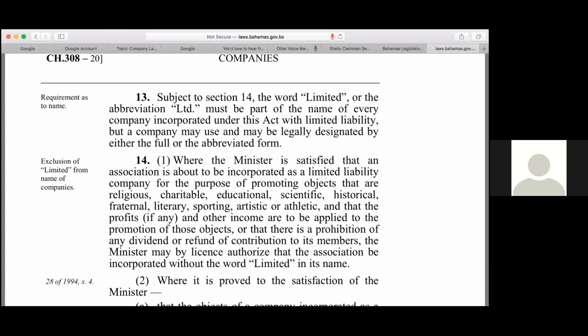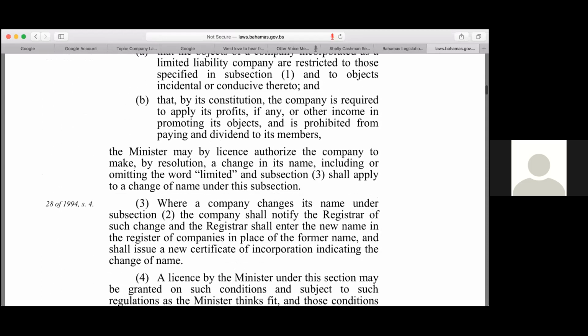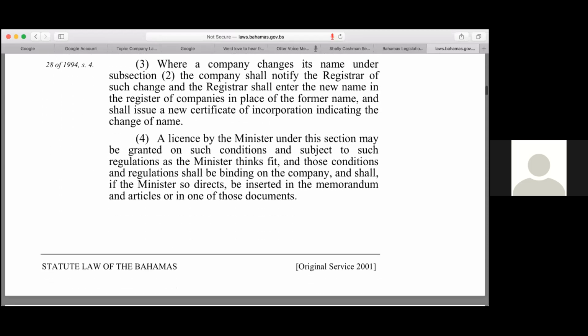So what if you decide you don't want the word limited at all? You can make that decision? Who makes it? The minister makes that, and the registrar as well? Subsection 14B, just below that, says the minister may by license authorize the company to make by resolution a change in its name, including or omitting the word limited.